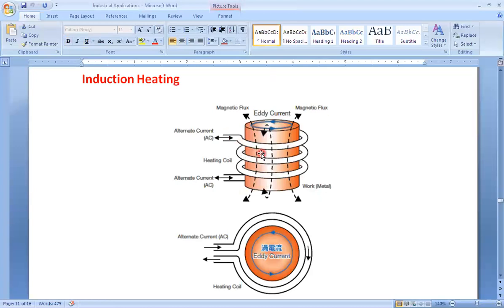This white part is our coil, and this is our magnetic material. So when we provide this alternate current to this coil, then the eddy current will be developed in the core part, right? And this eddy current creates the heat in the iron material, and due to that heat, we can mold this iron material placed inside the coil.